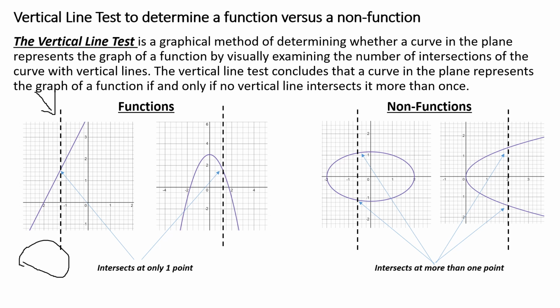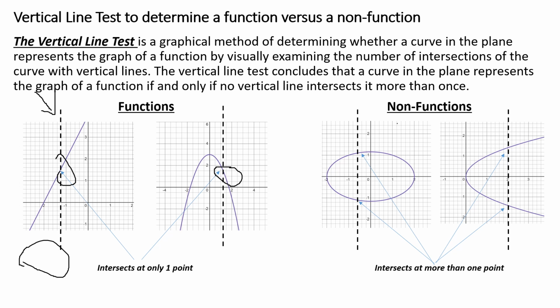It only crosses at one point right here. It only crosses at one point as it moves from left to right here on this upside down parabola. These are functions because that vertical line only crosses our equation at one point anywhere.